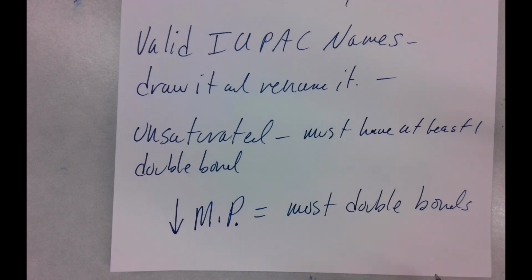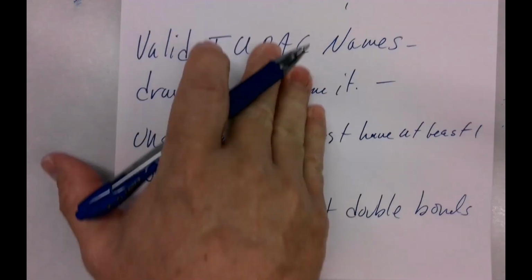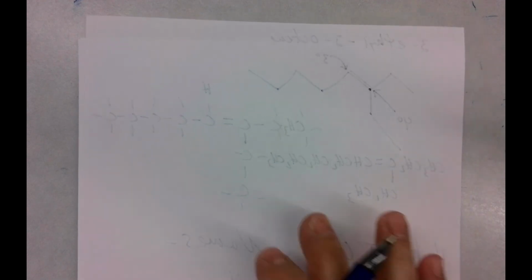But I'm going to be honest, have we done a triple bond? I think there's only been one triple bond question that they've asked, and I want to say it was on the last test. Anybody remember the question they asked? It looked like this.